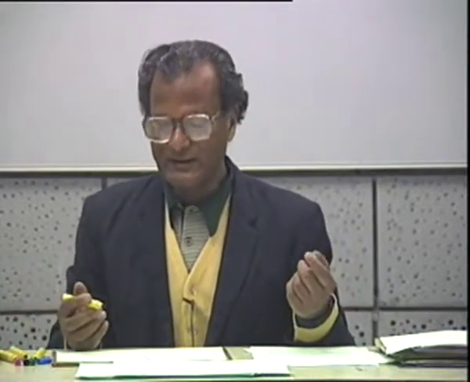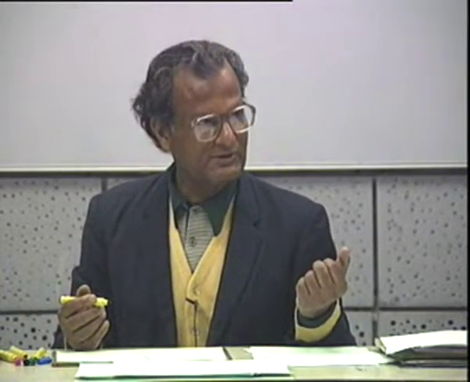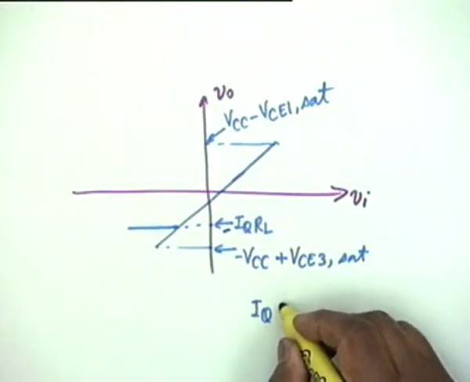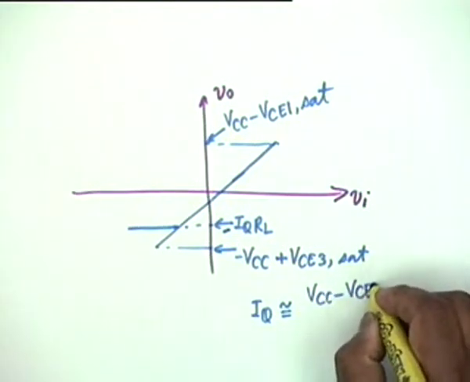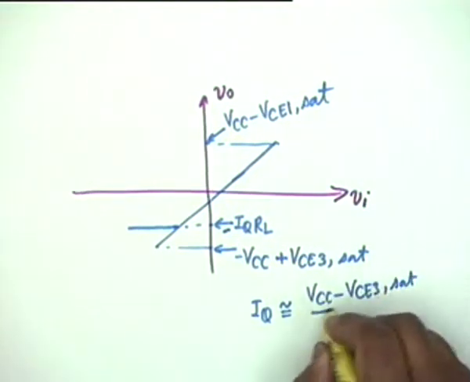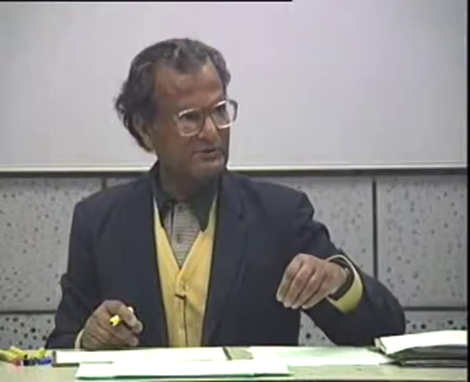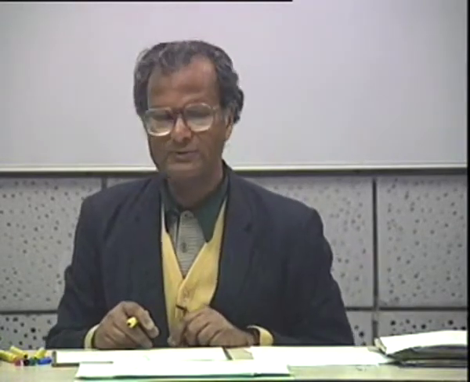But when V0 exceeds minus IQ RL, then obviously Q1 goes into cutoff, and therefore a proper design should be, IQ should be approximately equal to VCC minus VCE3 set divided by RL. Then we shall get an approximately equal possible swing in the positive as well as negative directions without distortion. It is not that you cannot apply a large input voltage, but its negative swings will be clipped.